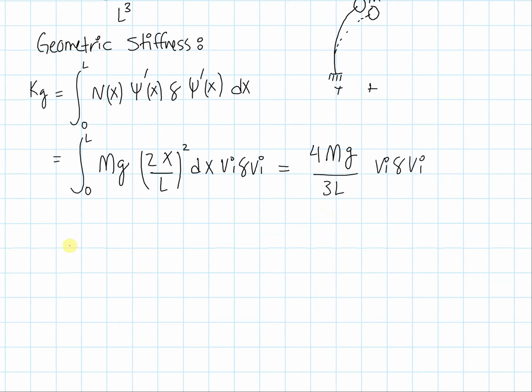Now, the new stiffness term that we're going to have for this column structure, this cantilever, is going to equal the original K minus the geometric stiffness. Okay, so this whole thing is equal to 4EI over L cubed minus, excuse me, that's 4mg over 3L.